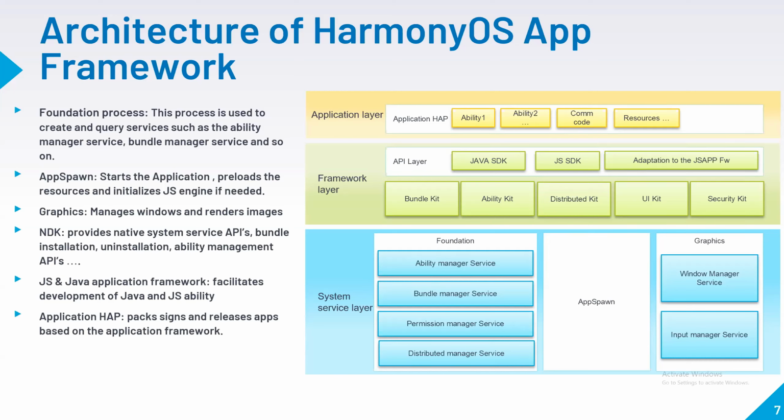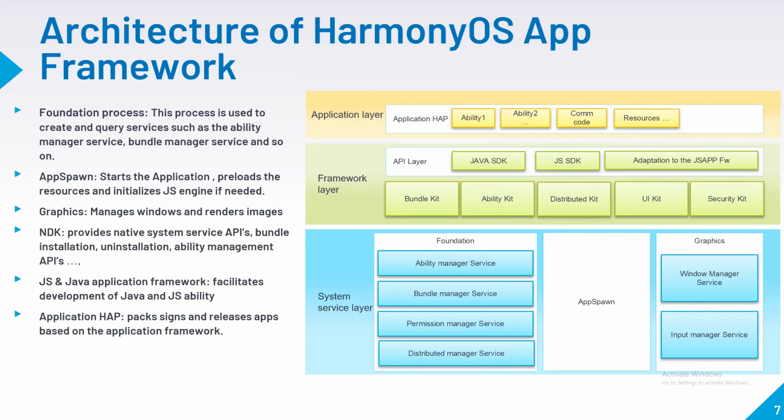Once we go a little bit up, we have the framework layer. Here we can see there are kits, and these are also based on the module or the device form. These kits get enabled: bundle, ability, distributed kit, UI kit, and security kit.